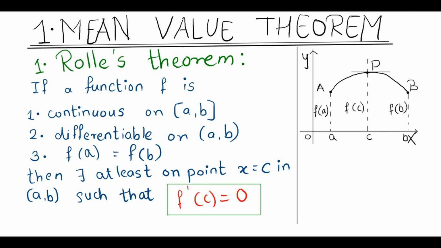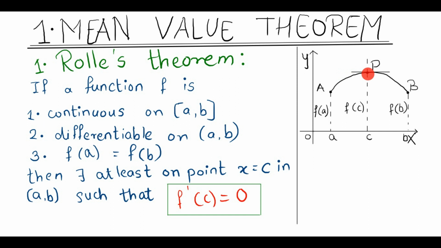Let's understand this by a graph. We have a function whose graph goes from a to b, and it is a continuous graph. That means it is a continuous function. Our first condition is satisfied. To check the differentiability, that is our second condition, if we draw a tangent at any point on this curve, we will get a unique tangent.